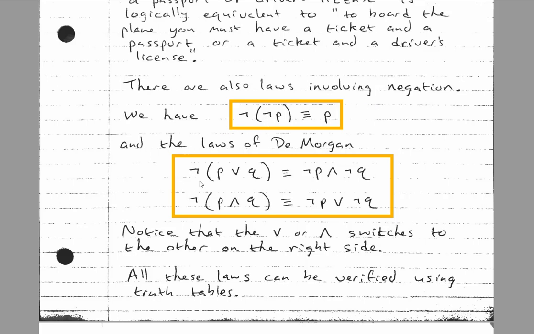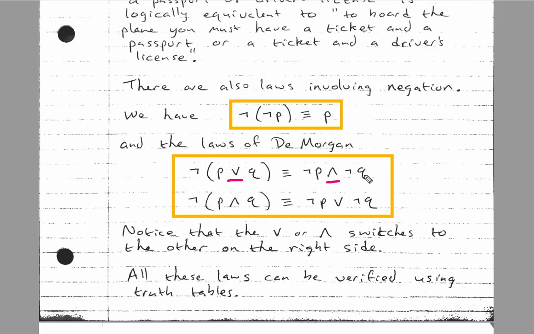Okay, and then it gets kind of interesting if you negate, let's say, P or Q. So not P or Q, is that equivalent to not P or not Q? Well, in fact, no, it's equivalent to not P and not Q. Alright, so to make it work, if you're negating an or, it ends up as an and when you take away the parentheses.